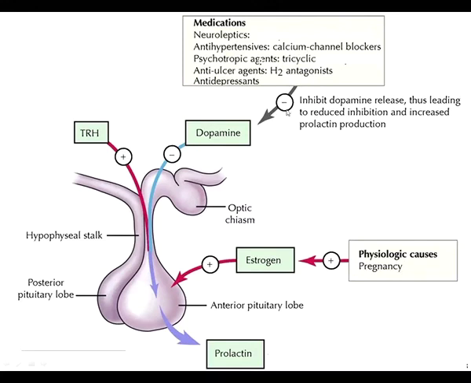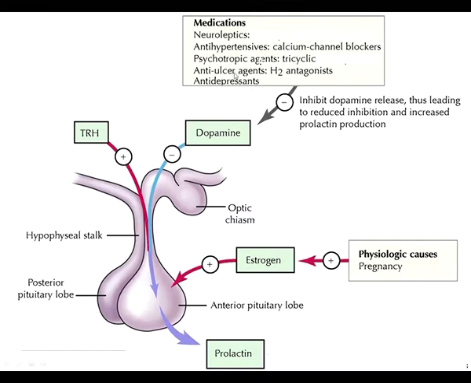These negative regulators can be medications. There are a lot of medications that lead to inhibition of dopamine. One of the famous medications is the anti-ulcer agents or the H2 blockers, the ones which we take for antacid.